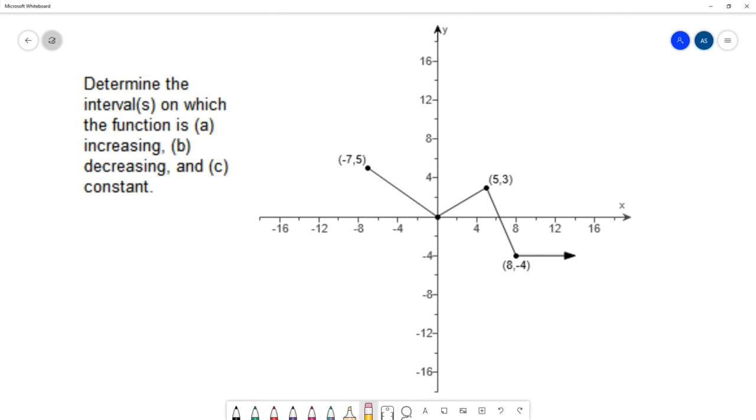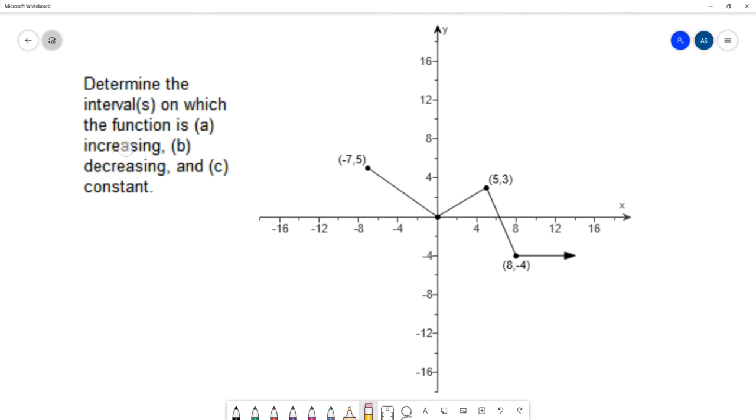In this example, we're given this picture on the right, and we want to determine the intervals on which this function is increasing, decreasing, and constant. So what I like to do when determining intervals of increasing, decreasing, and constant is look at the big picture, and we start from left to right.